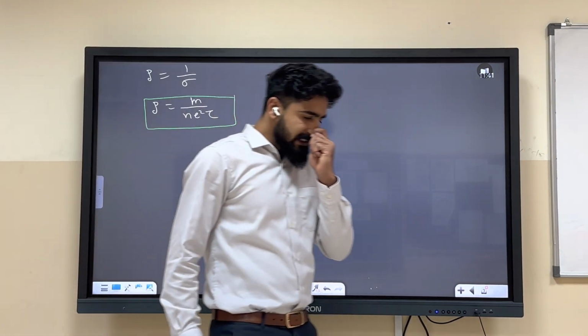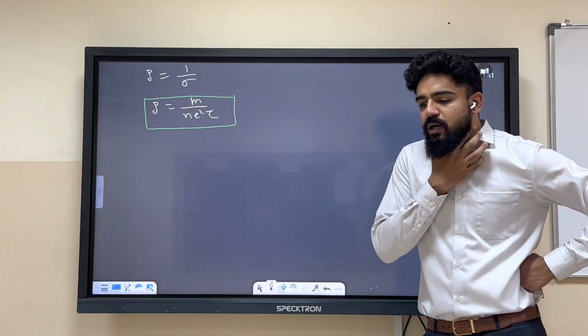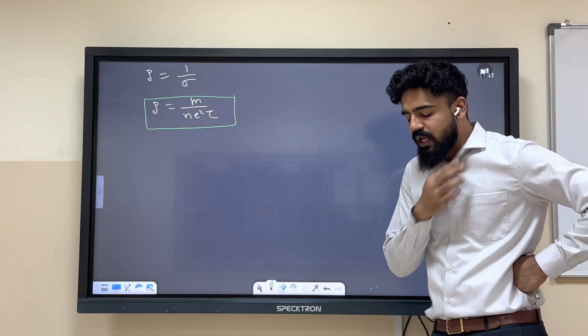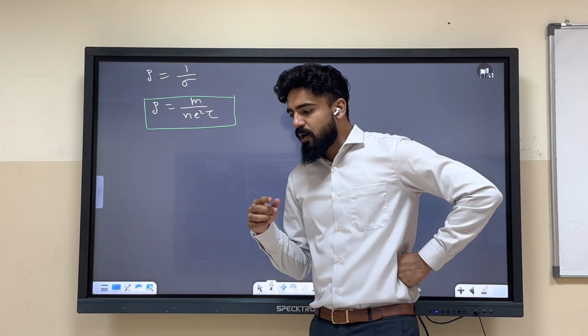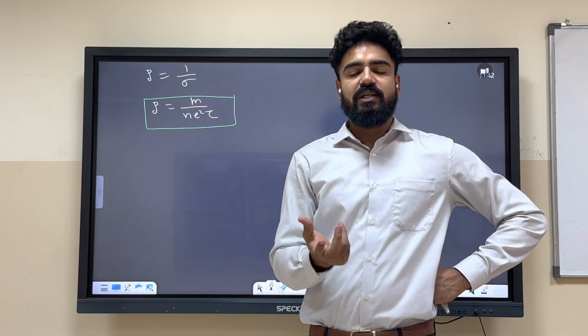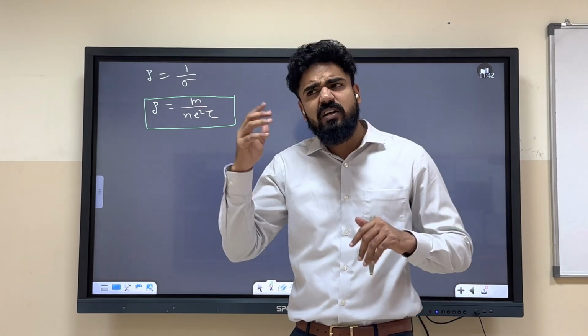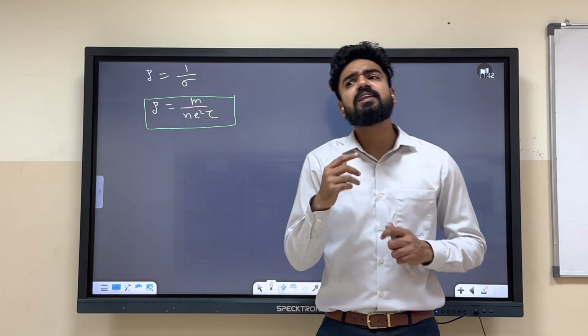Now, why do we discuss resistivity so much? Because if we are able to understand completely about resistivity, we can also discuss in depth about resistance, because R is rho L by A. L and A you have played a lot with in grade 10, but now let's play with resistivity.